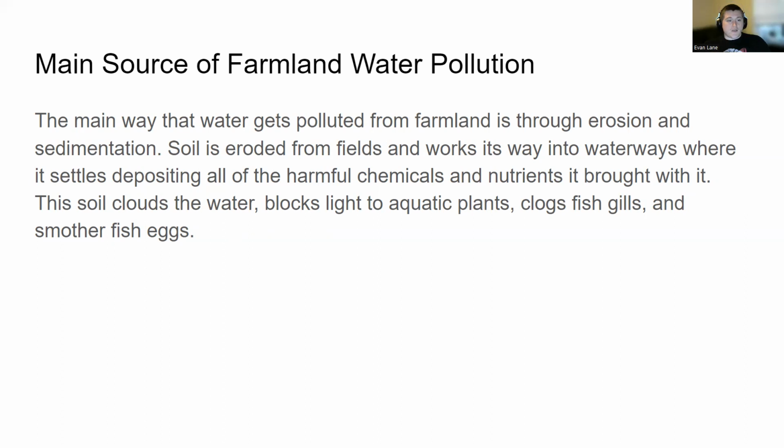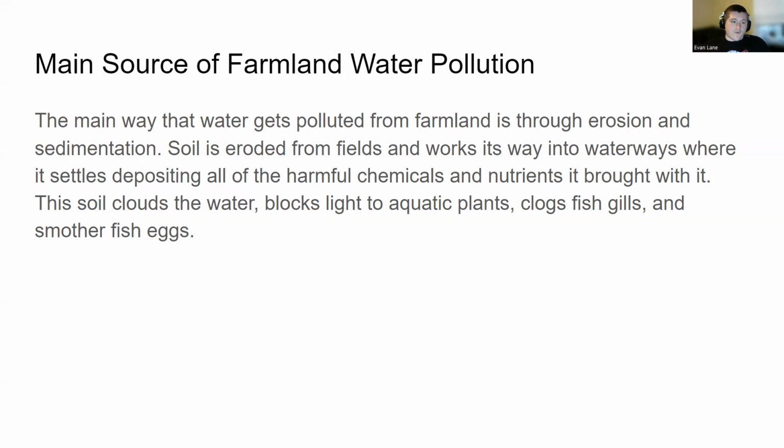When fish lay clutches of eggs, this soil will cover those, and then those eggs are no longer viable, because when the fish hatch, they have nowhere to go, and they are smothered by the dirt. They cannot get any oxygen.